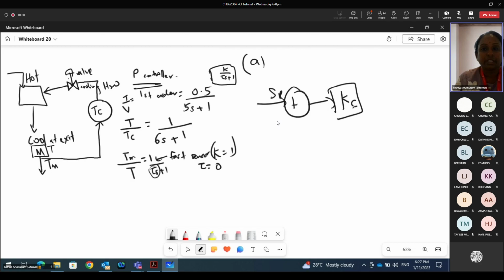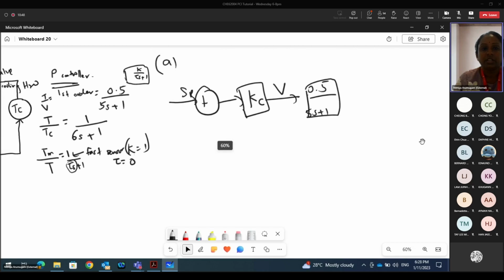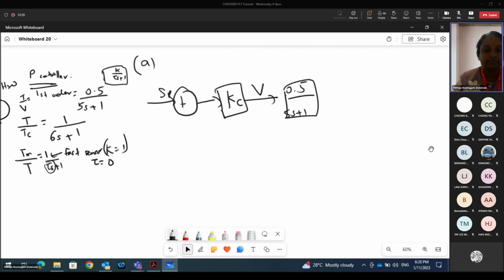So we will express that in terms of K, and we will be having a valve 0.5 over 5s plus 1. So this is the transfer function for the T over V. All right.